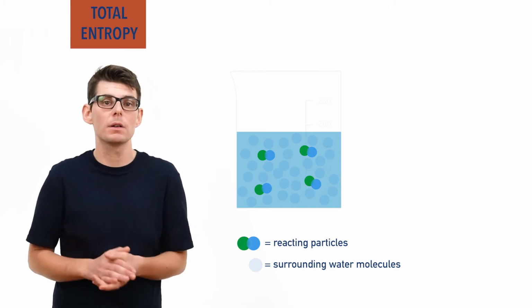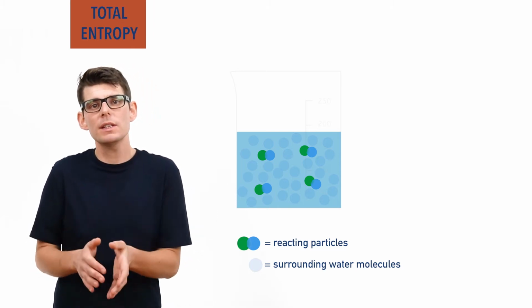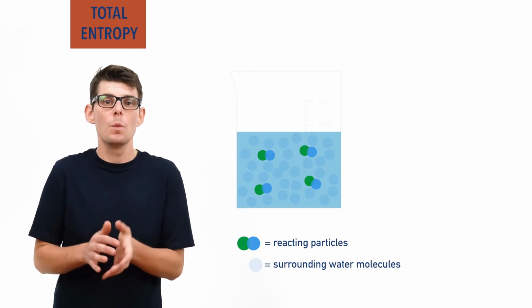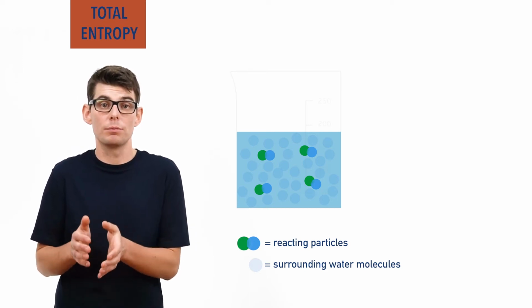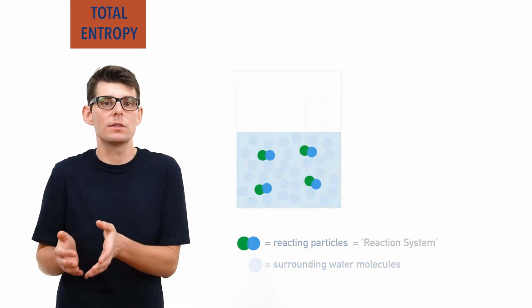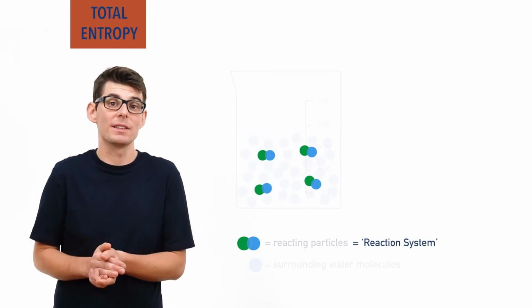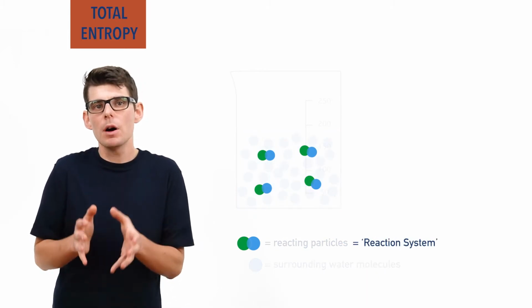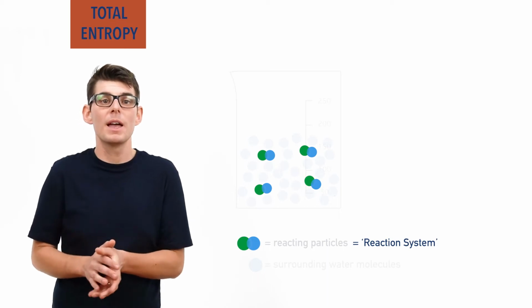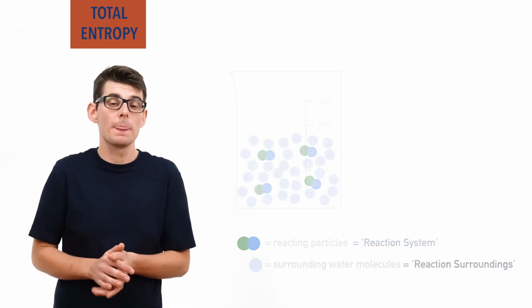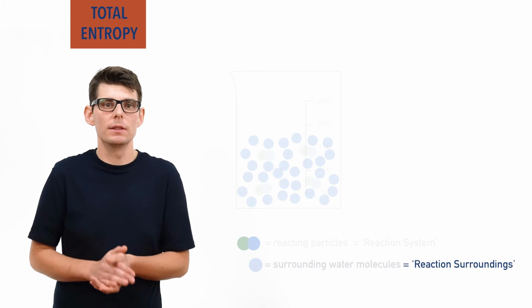When studying energy changes for a reaction, we describe the reacting particles and products formed as a reaction system, often just referred to as a system, and the particles around the reaction system as the reaction surroundings, often referred to as surroundings.